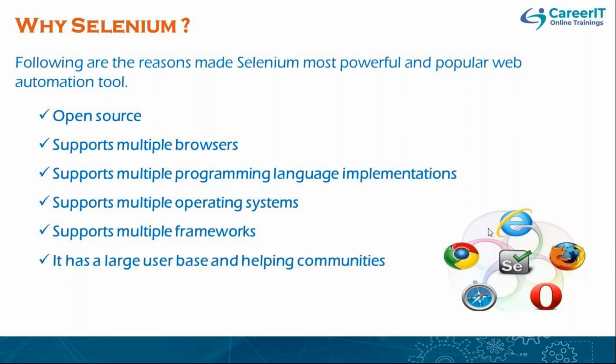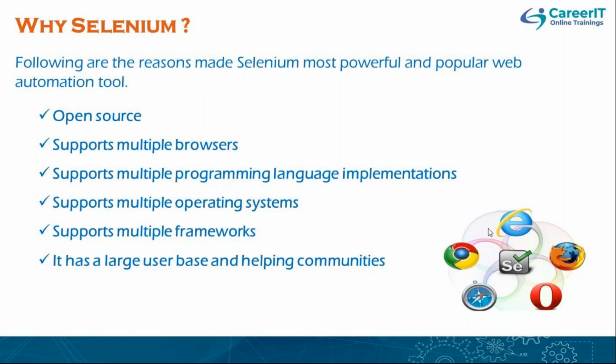Next thing is, it has a larger user base and helping communities available, guys. That means, though it is an open source automation tool, you will find a lot of blogs and a lot of helping communities in the world to help you out whenever you get stuck somewhere. So generally, for an open source tool, there won't be any dedicated support team available, guys. In case of commercial or proprietary tools, there will be some dedicated team.